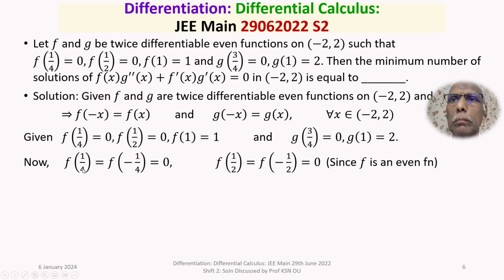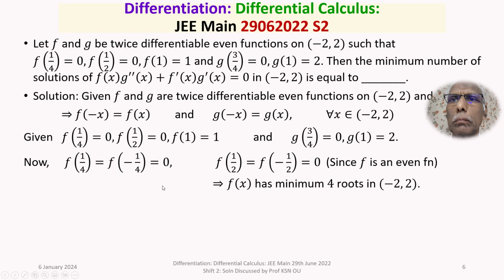So we have how many roots? First 1/4, second minus 1/4, third 1/2, fourth minus 1/2. So f of x has at least 4 roots in the open interval -2 to +2.